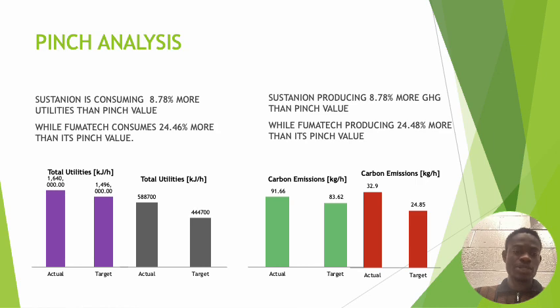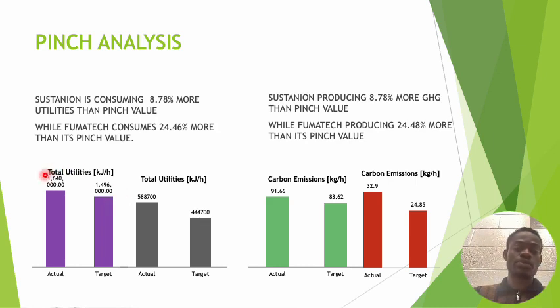So we ran a pinch analysis on both processes, the Sustain Ion and the Fumatech systems. From the pinch analysis, we can observe that the total utilities used in both cases could be optimized a little further, thereby increasing the overall efficiency of our systems.